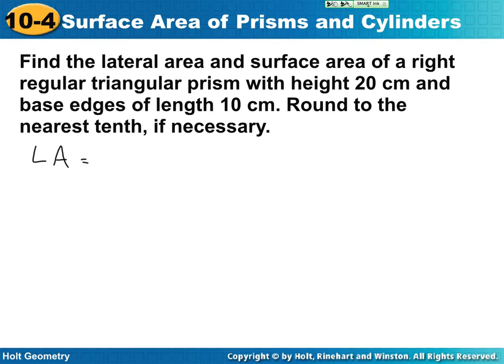The perimeter of the triangle is going to be 30. Then you're going to multiply it by the height of 20. So 30 times 20 is 600 square centimeters for the lateral area. That's going around the triangle.